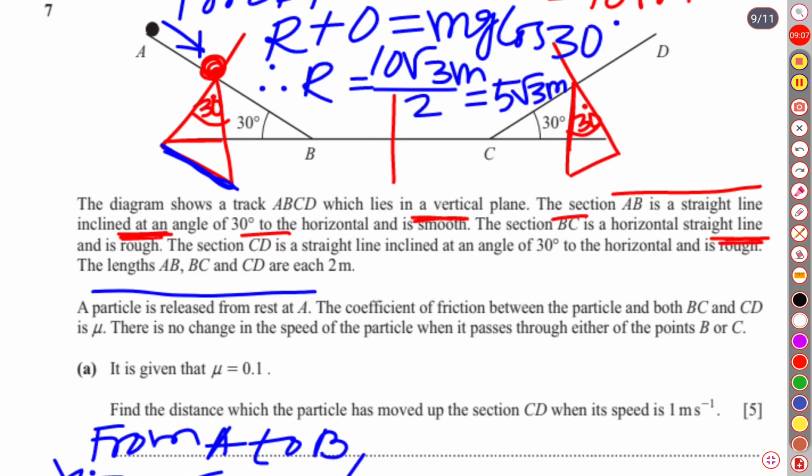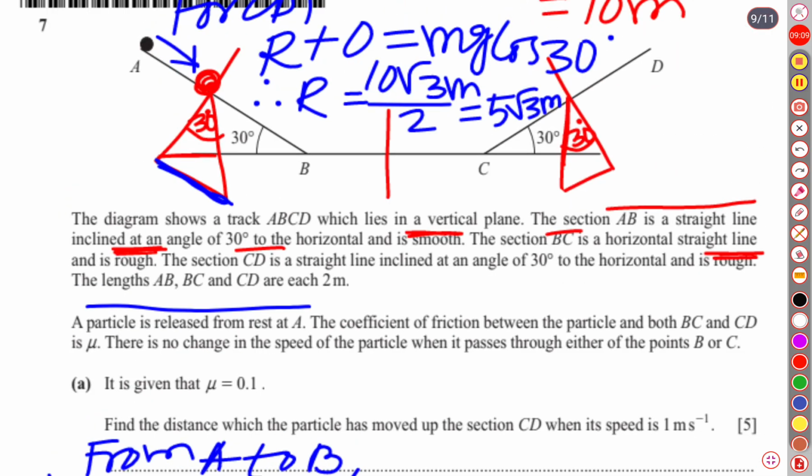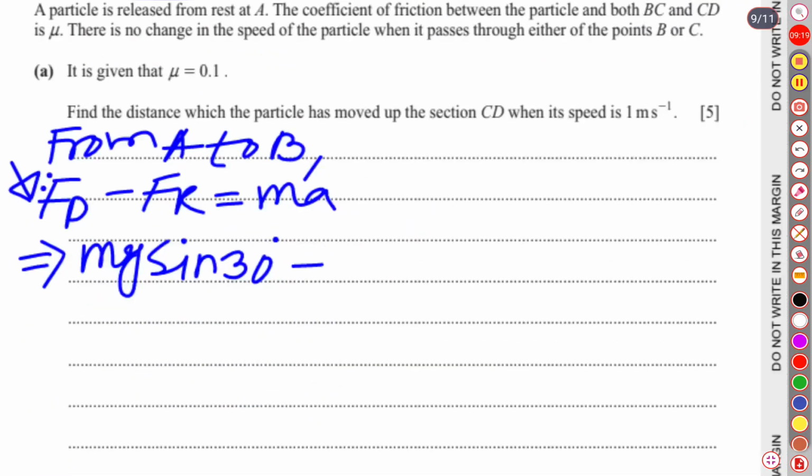As the section AB is smooth, as we have already marked, there is no frictional force at all, and as there is no other external force, it is nothing but 0. And mass times acceleration.